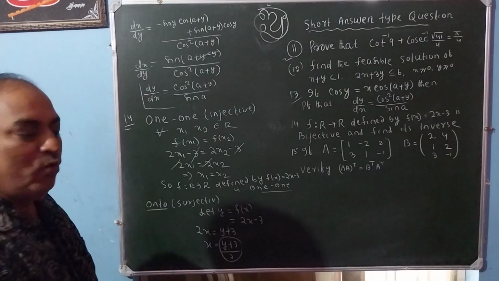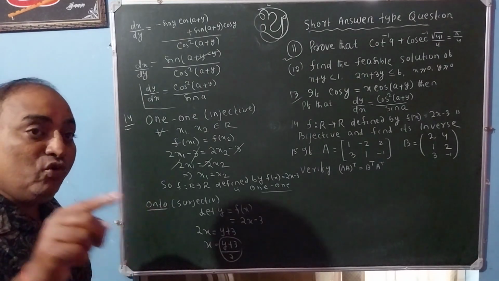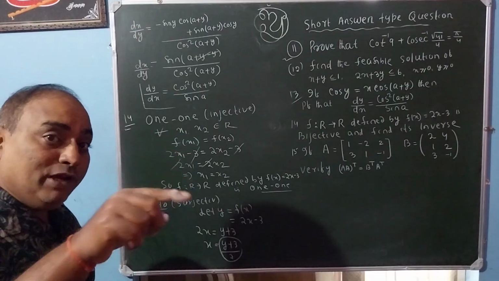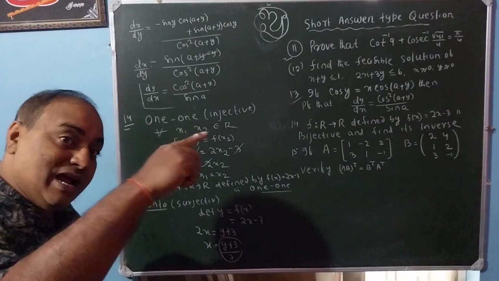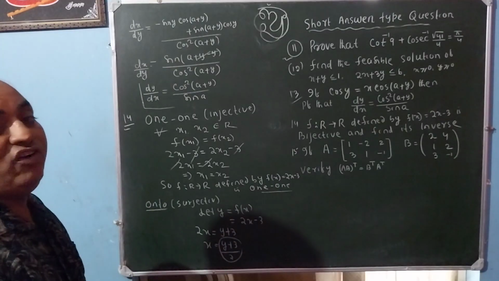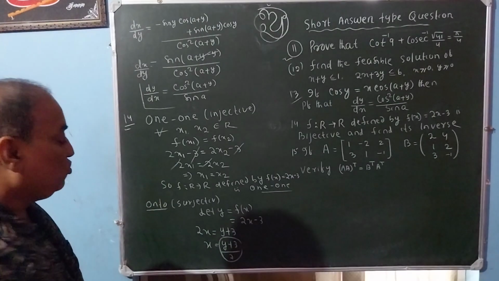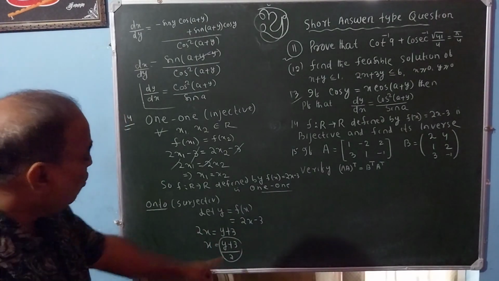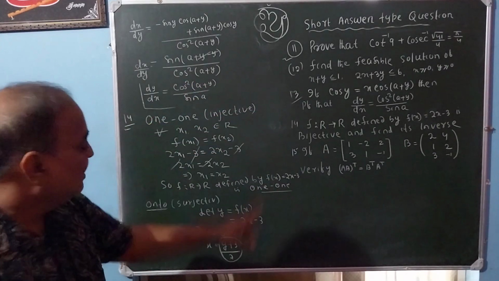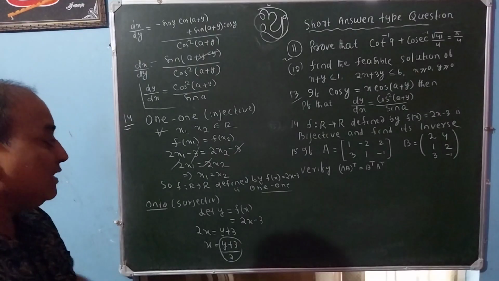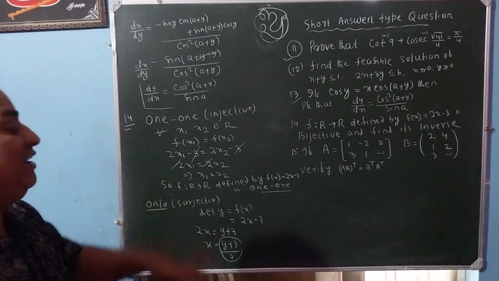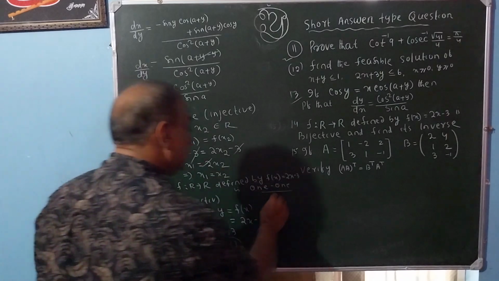Okay, we know a function f from A to B is said to be onto if for all y belongs to B there exists at least one x belongs to A such that f(x) is equal to y. So here you will see for all y belongs to R there exists at least one x belongs to R such that f(x) is equal to y. Write down the statement.